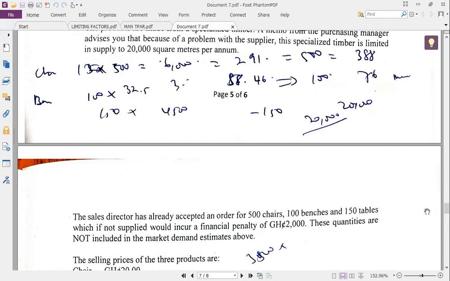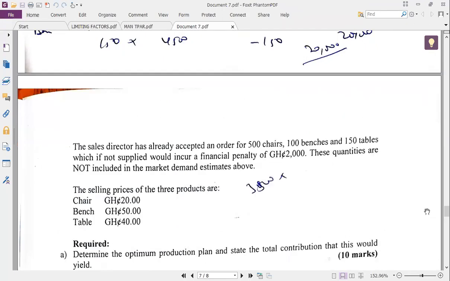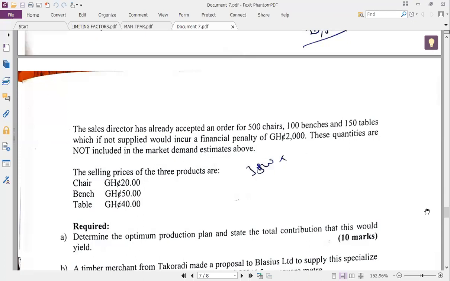Good. The selling prices of the three products are as follows. Chair, bench, table, all of them are there. 20, 50, 40 respectively. So determine the optimum production plan and state the total contribution that this would yield. Good.